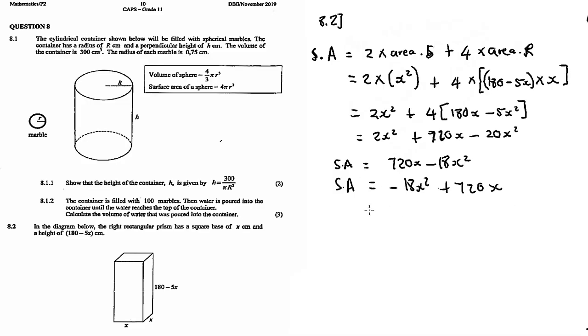Since a is negative, it means the graph is concave down, or a sad graph. So the maximum point in a parabola is the turning point, where the graph turns, which gives us the maximum value. So in this case we need to find the turning point of this parabola.